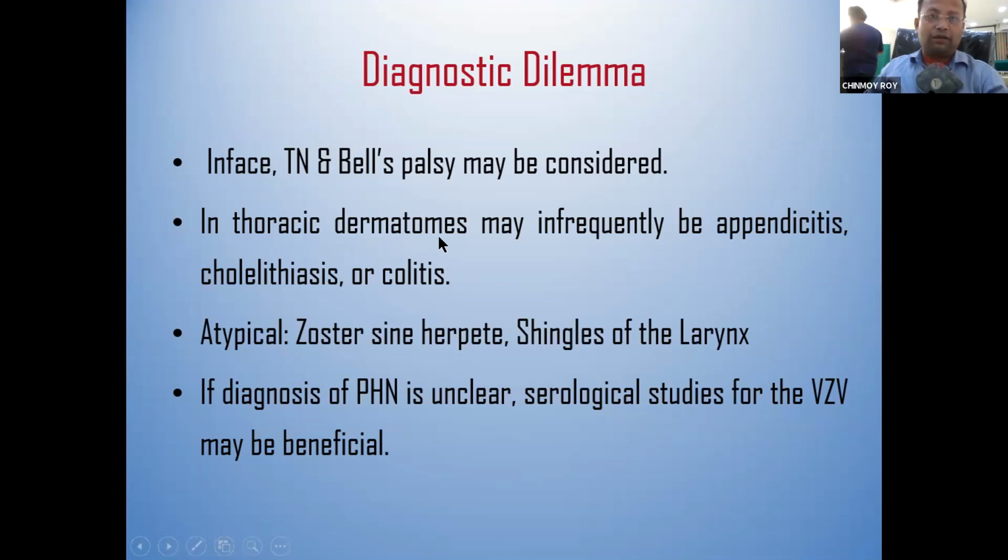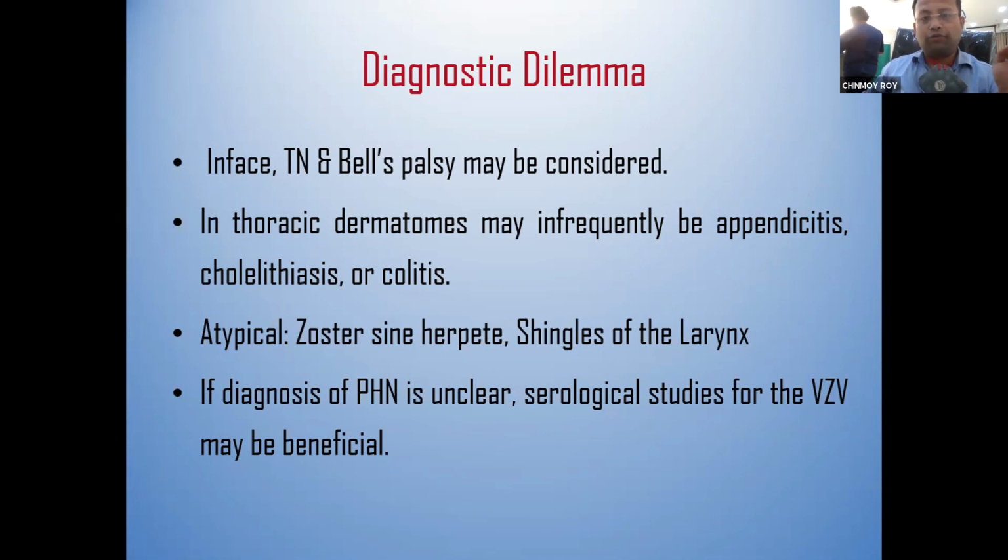In thoracic dermatome it may infrequently be appendicitis, cholelithiasis, or colitis. Atypical is zoster sine herpete, shingles of the larynx. So what is this zoster sine herpete? This is the zoster of cranial nerves without the typical skin rash, but still herpes has affected a cranial nerve.